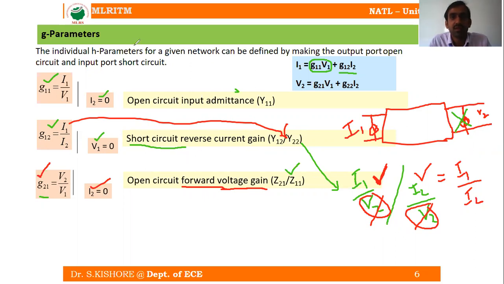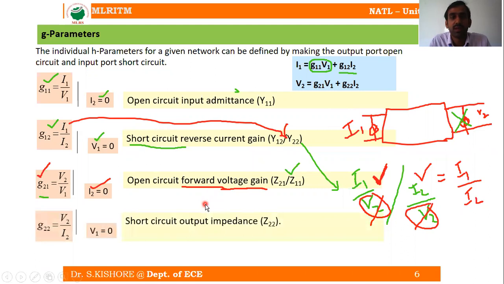The other parameter is G22. G22 can be obtained by making V1 equal to 0. From the second equation, with V1 equal to 0, this term is going to be 0, then V2 is equal to G22 into I2. So we can write G22 as V2 by I2.